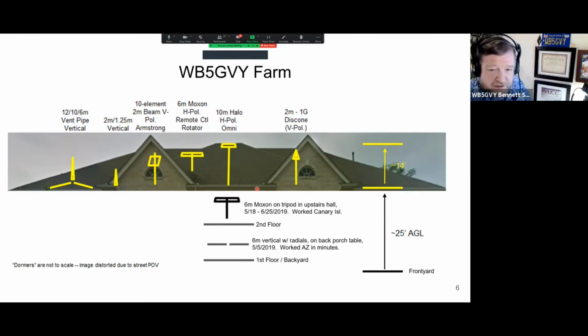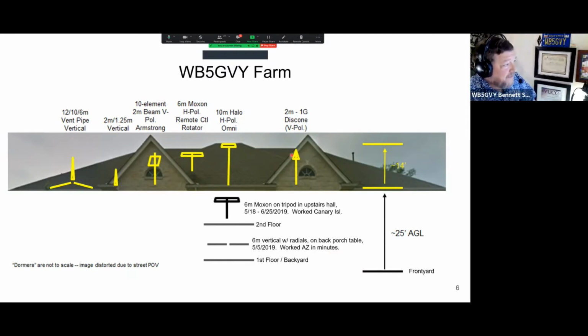Schematically in yellow, I've shown the different antennas in my house. The front yard is at this base in the lower right, and the boundary between the 2nd floor and the attic is about 25 feet above the front yard. It's a little bit less in the backyard, and the attic's about 14 feet tall.